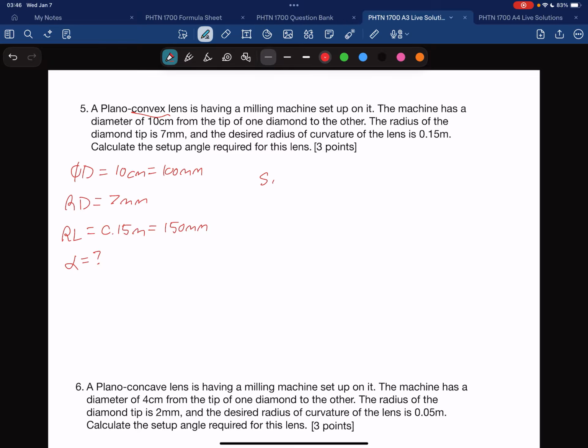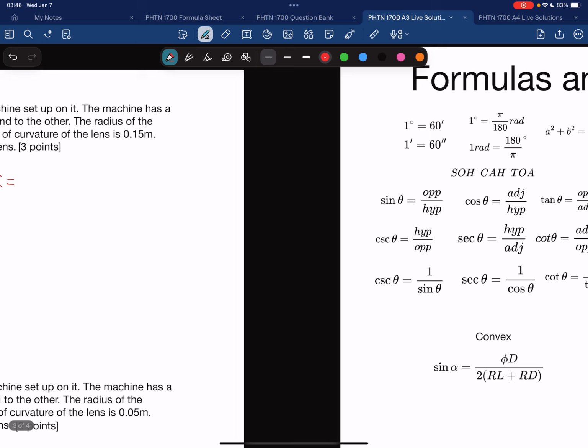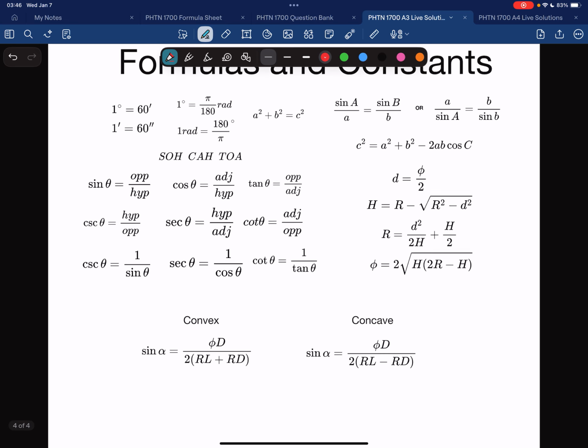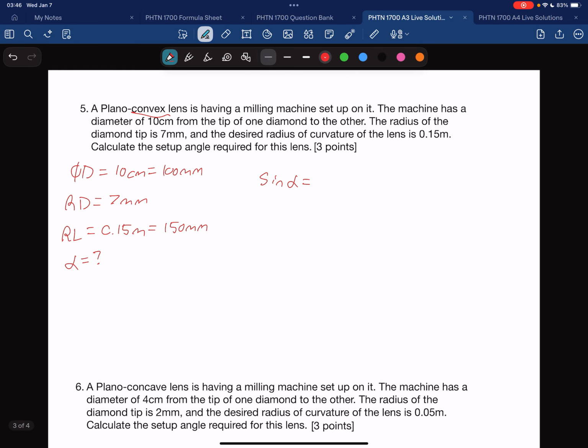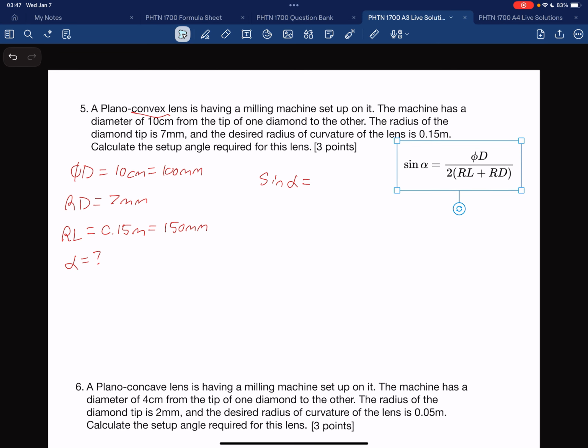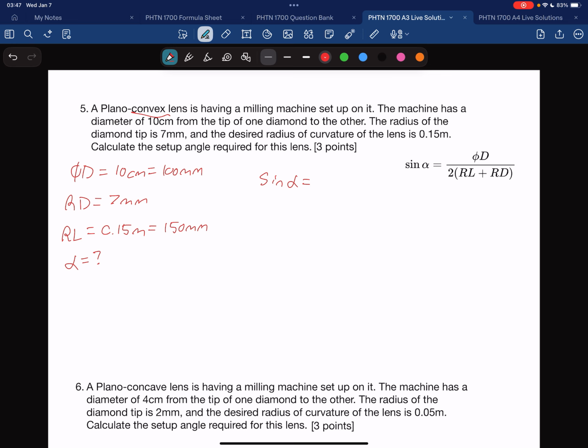Okay, so we know that this is going to be the sine of alpha equals something. And we are told this is convex, so we are going to take this formula here and use this.